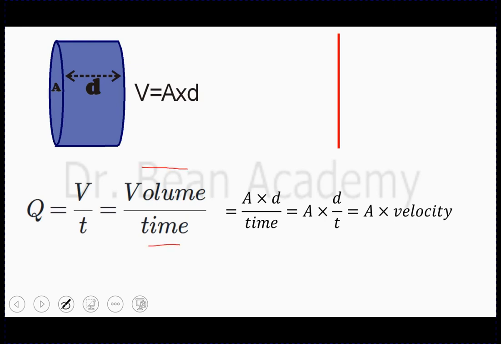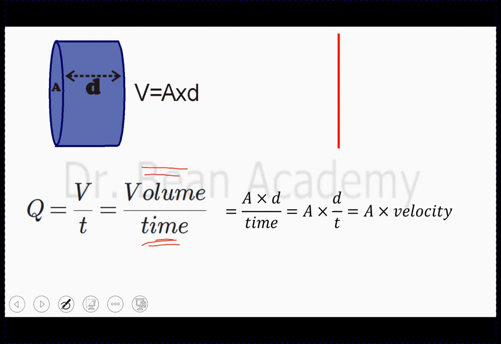And I told you that in practical problems, this is not a useful formula, because how do we know what is the volume of water inside the pipe? It's not easy to find, right? And then we have to calculate the time it took for the volume to pass through a unit area.